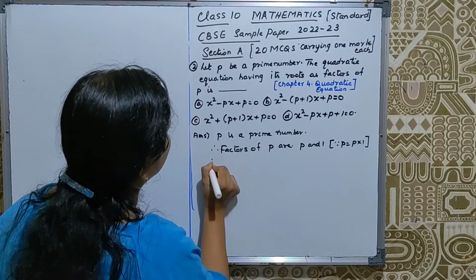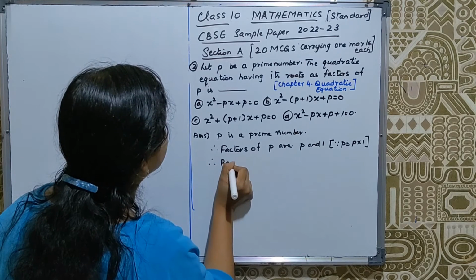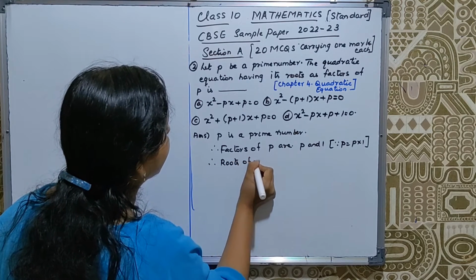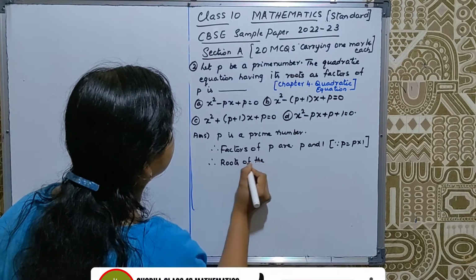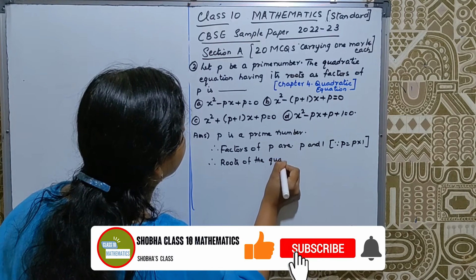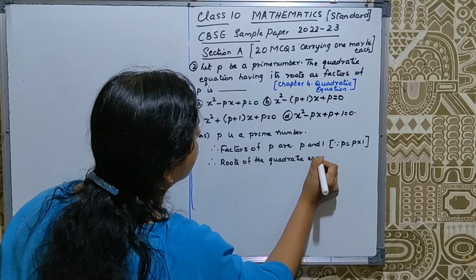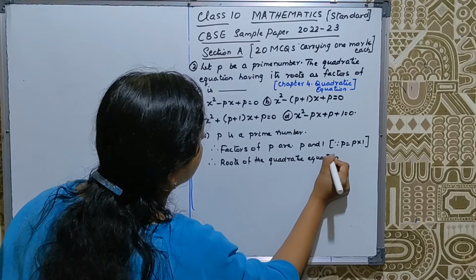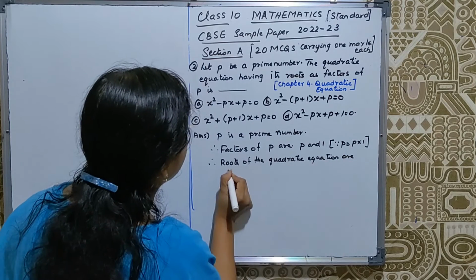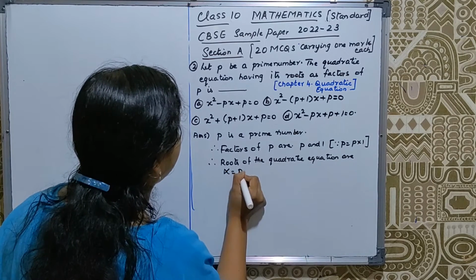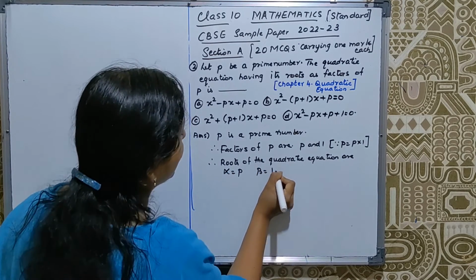So we'll write, therefore, roots of the quadratic equation are alpha equal to P and beta equal to 1.